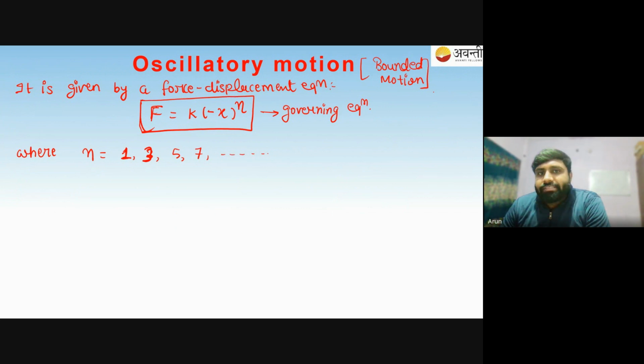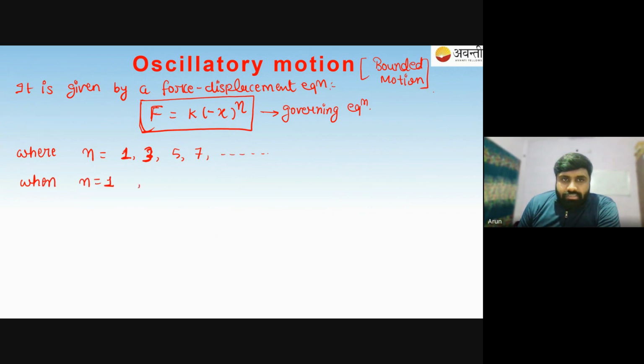Only the case when n is equal to 1 you need to use. So when n is equal to 1, this force equation will become F = -kx.